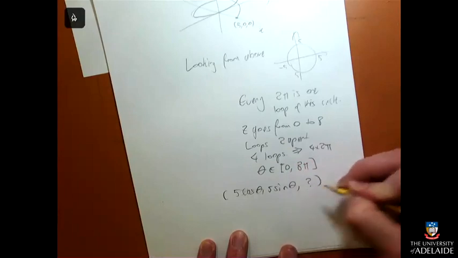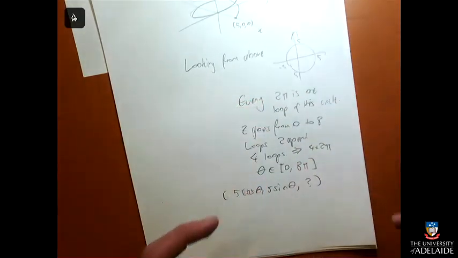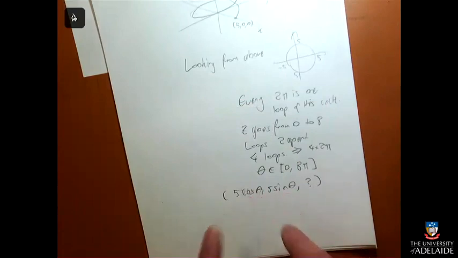Don't know what goes here yet, because it just keeps going round and round that circle when I look from above. So looking from above, the x and the y coordinates are going in circles. I just need something here that's going to go up. Every time I go around 2 pi, it's supposed to go up 2.